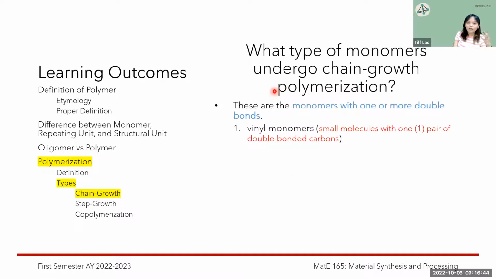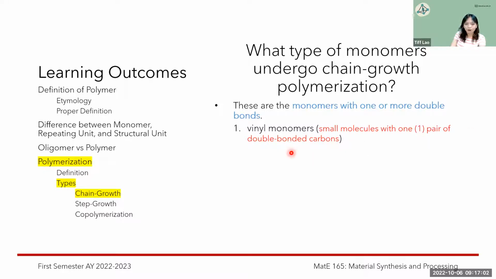So, ano yung mga monomers na nag-undergo ng chain growth polymerization? Ito yung vinyl monomers. When you say vinyl, these are just small molecules with one pair of double bonded carbons.